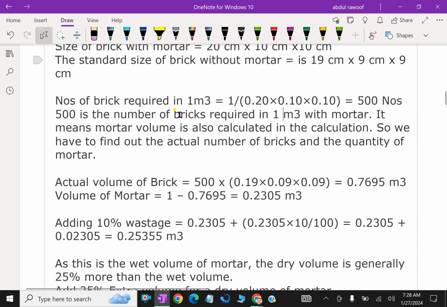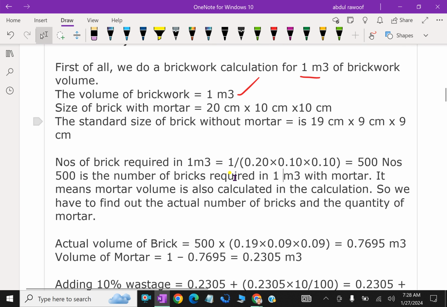The number of bricks required for 1 meter cube is 1 divided by the size of brick with mortar. Converting 20 centimeter to meter, that is 0.2, 0.1, 0.1, so 1 divided by 0.2 times 0.1 times 0.1 is about 500 numbers. 500 is the number of bricks required in 1 meter cube with mortar.